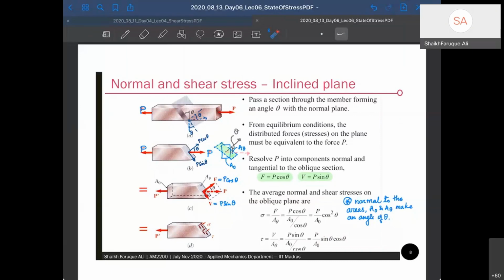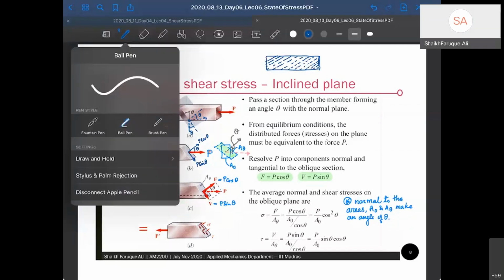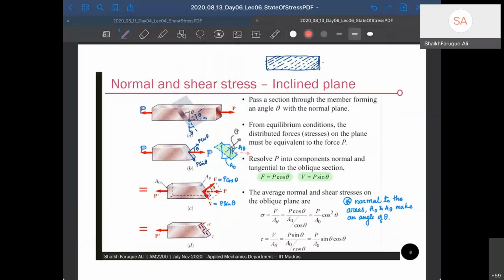But even then, the member may be made up of wood. So let's say I have made this material out of wood, and let's say the fibers of the wood are along this direction. Wood material has a lot of fibers in it, and they are seen from outside, right? So let's say the fibers are like this. Now I give the material an axial load, because this is an axial member.